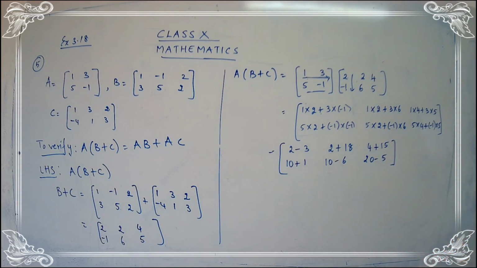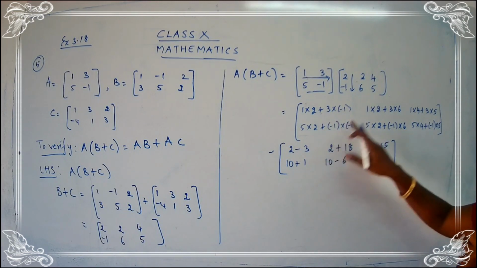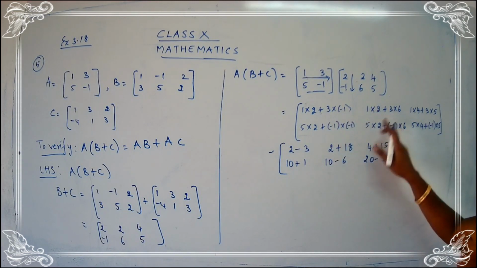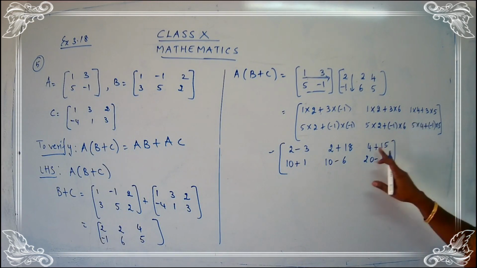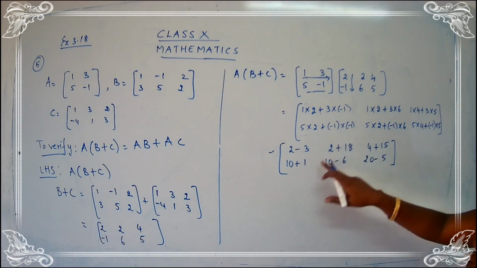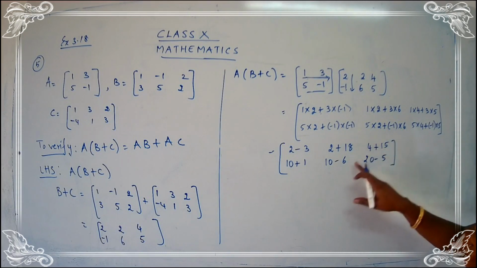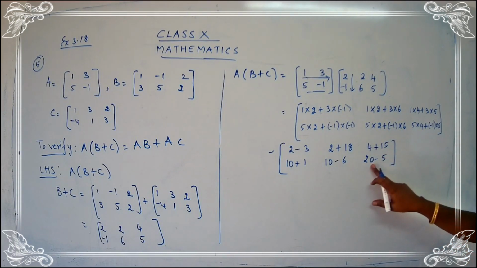I hope you're clear. 1 into 2, 2. 3 into minus 1, minus 3. 1 into 2, 2. 3 6s are 18. 1 into 4, 4. 3 5s are 15. 5 2s are 10. Minus 1 into minus 1, plus 1. 5 2s are 10. Minus 1 into 6, minus 6. 5 4s are 20. Minus 1 into 5, minus 5.